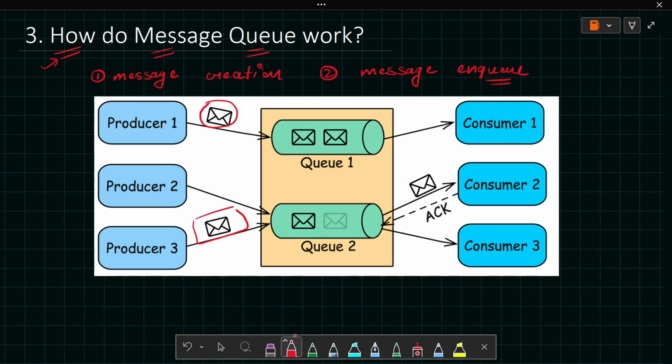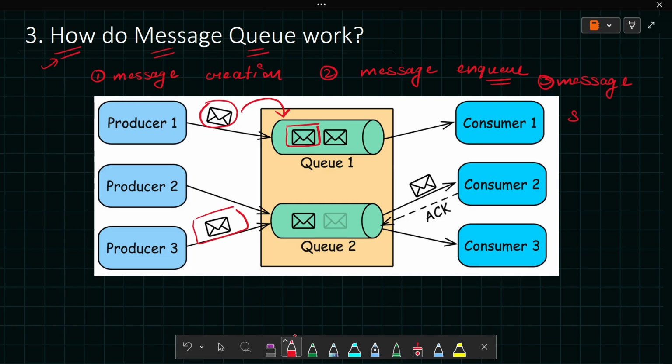What is message enqueue? Enqueue means the producer sends the message to the queue, where it is stored until a consumer retrieves it. So enqueue means this message is going inside the queue and is stored inside the queue until it reaches the consumer. And then the third is message storage.